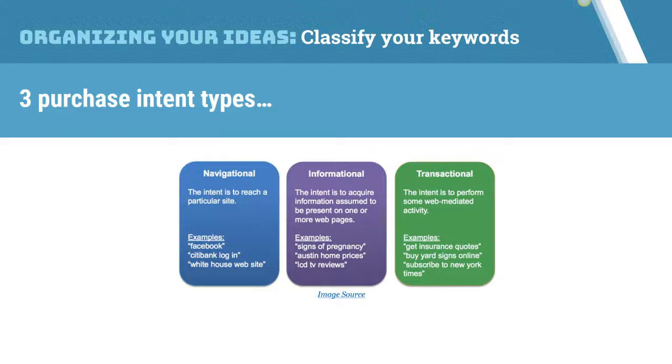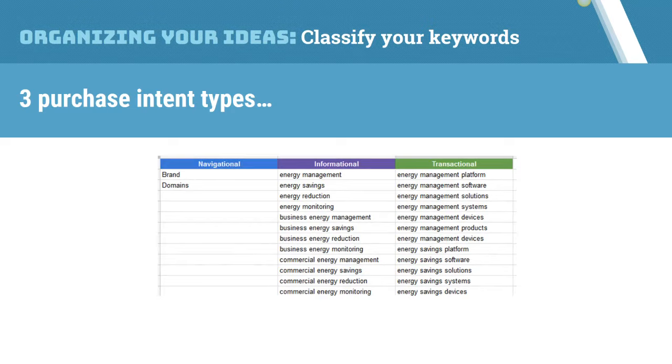They might be looking more into a specific company. So there's going to be more transactional phrases. And you can see what I've done here with my energy management, energy savings core terms. I've segmented them out into informational and transactional to give me a good sense of how I might target these.